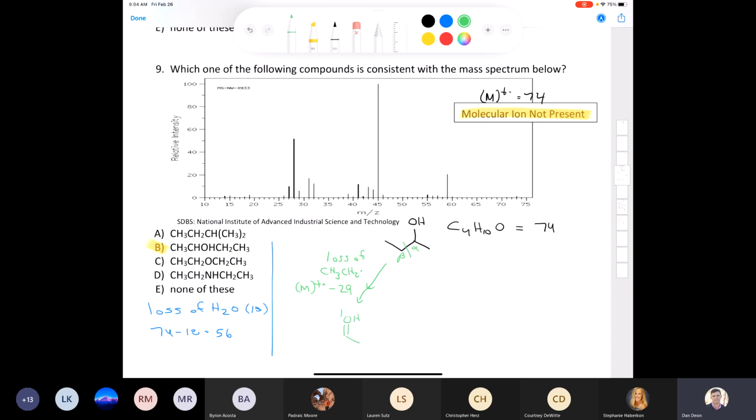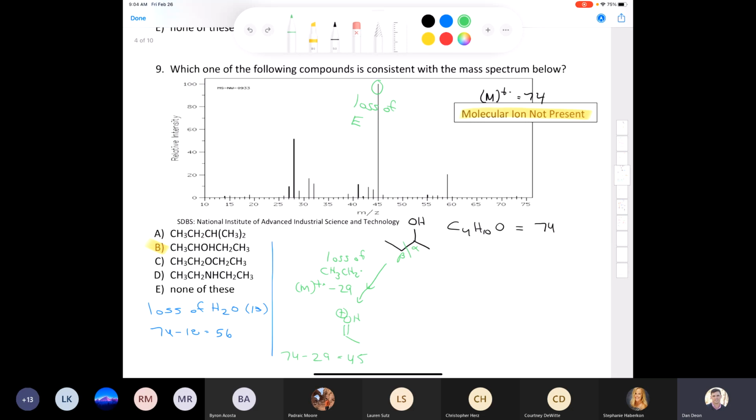Again, I'm not going to ask you to draw the structure, but it's a resonance stabilized carbocation, and you guys all know what that is, right? So we would see M minus 29. If you take 74 and subtract 29, you end up with 45. Well, looky. The base peak is at 45, and that is due to loss of the ethyl radical, okay? Now, normally we don't write out loss of ethyl radical.